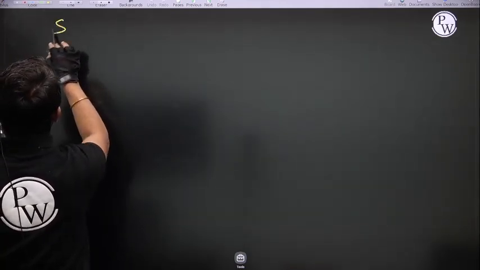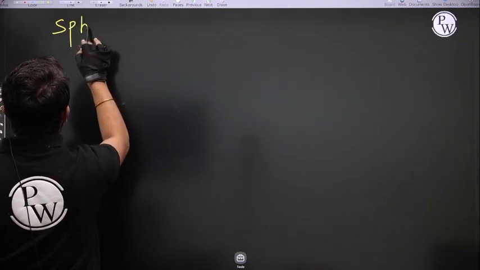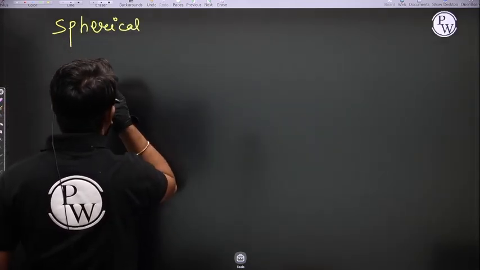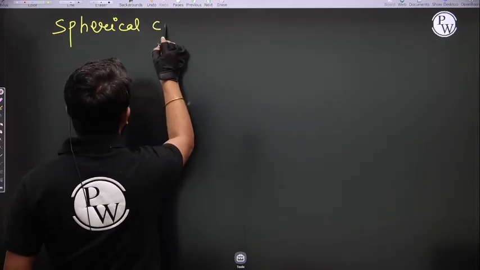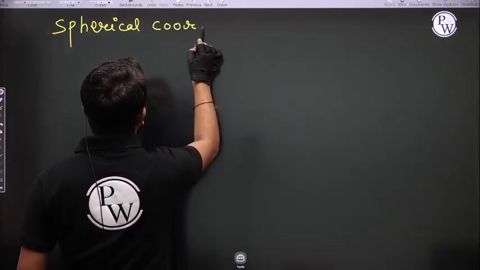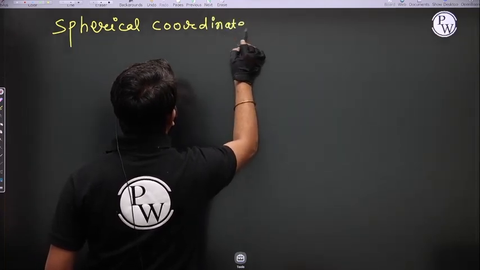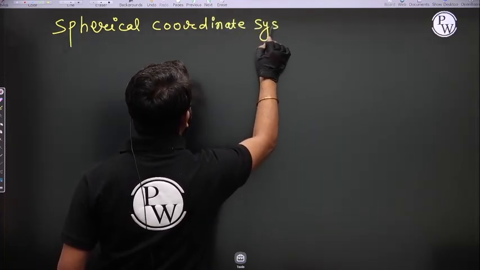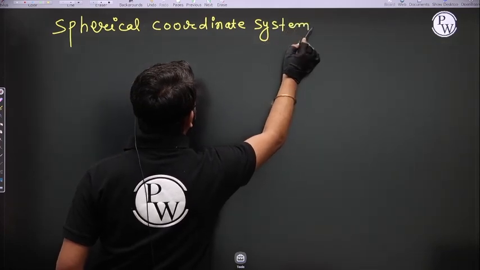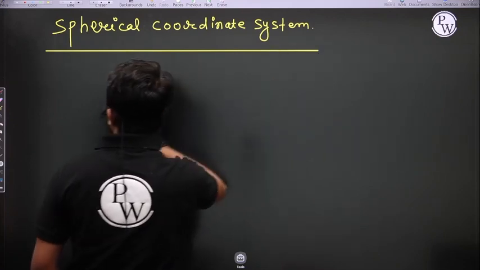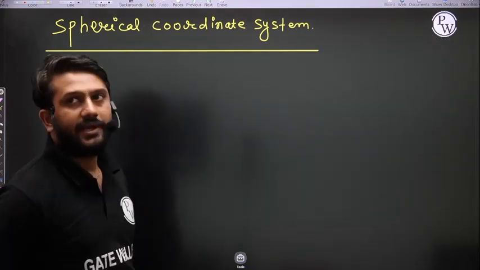Spherical coordinate system. In the case of the Cartesian coordinate system, x, y, z are required.